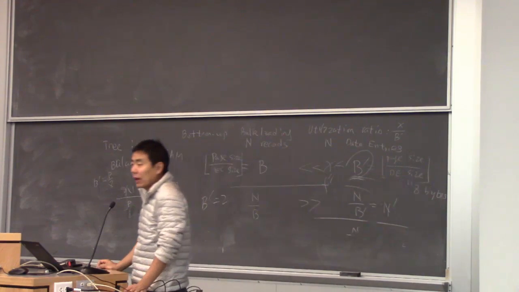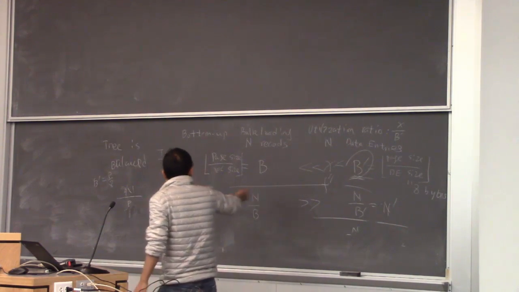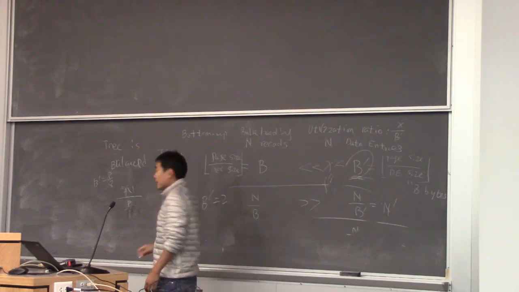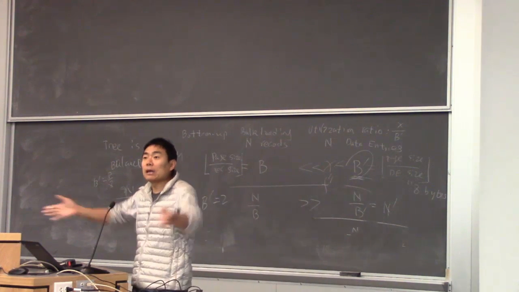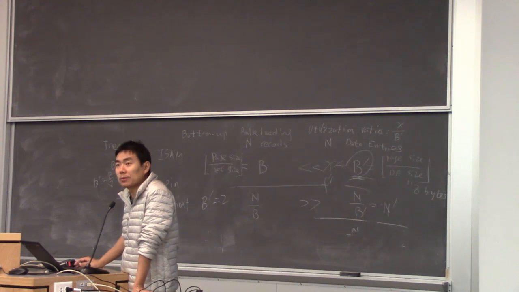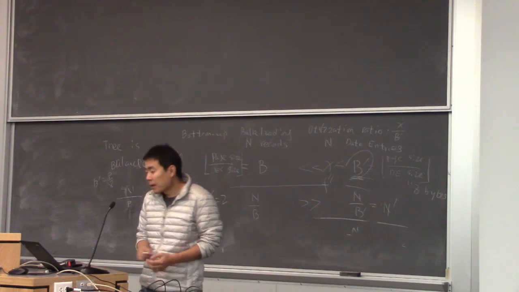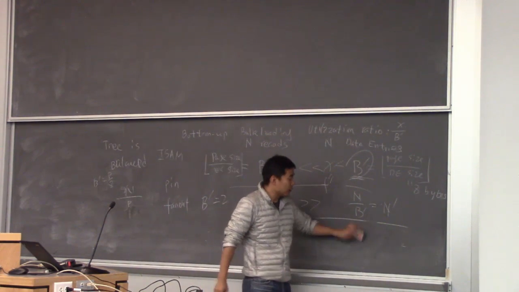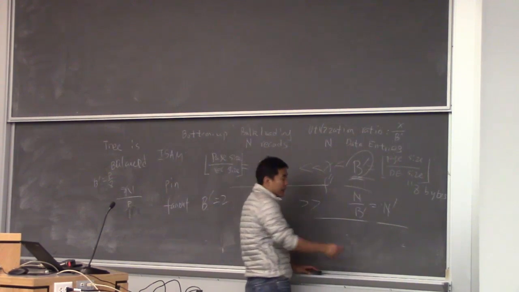And why I use f for this is because this is something called the fan out of your tree. The fan out is how many children nodes you can index given a particular index page. So if I have n prime pages in the leaf level, how many pages do I have in the level above?